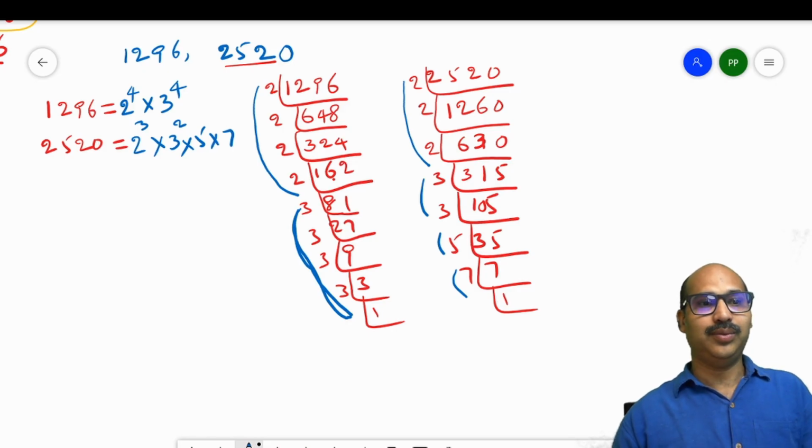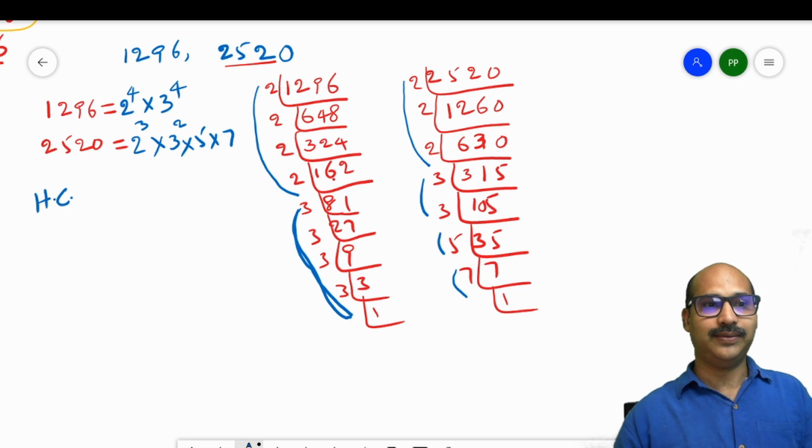Now what are the HCF and LCM? HCF is the highest common factor, where we have to consider the minimum power. So here 2 cube is there, 2 power 4 is there. So common is 2 cube. Here extra 2 is there, but which is not here.